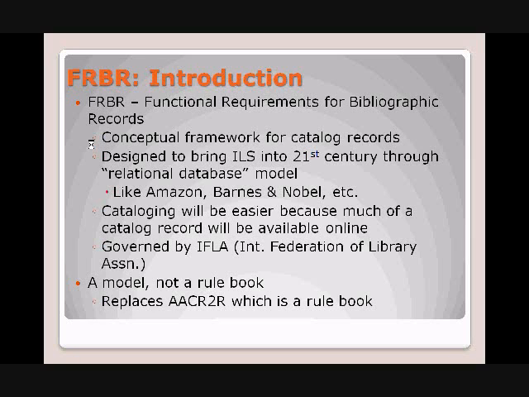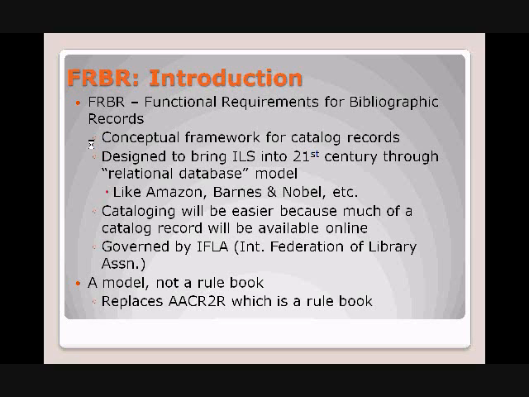Records previously were what are referred to as very flat. That means it was one item, one record, and there was a lot of repeat information when you had items that were very similar to each other but differed perhaps by a publication date.